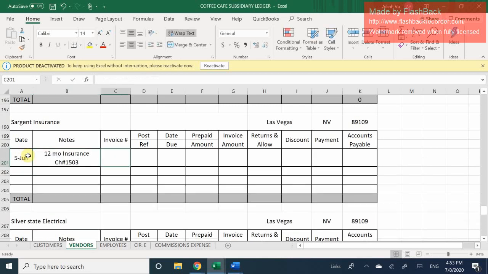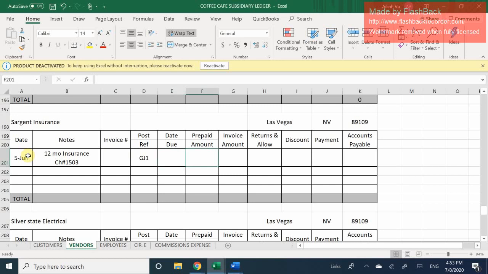My invoice, I don't have an invoice number for this one again. But my post reference is going to be my general journal number 1. I'm still on the first page. I don't have a due date.